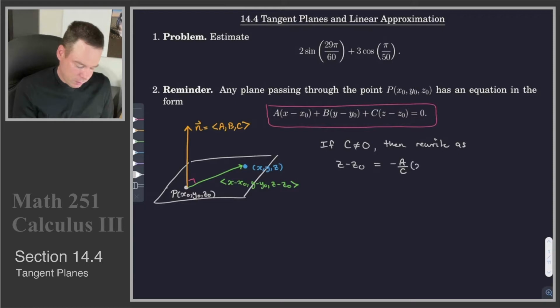So we get negative capital A over C, times x minus x0, minus capital B over C, times y minus y0.